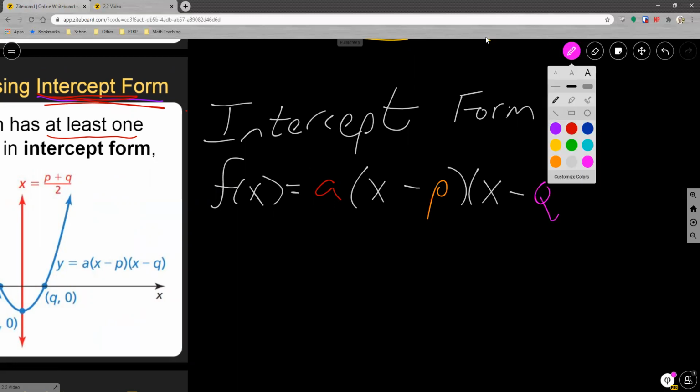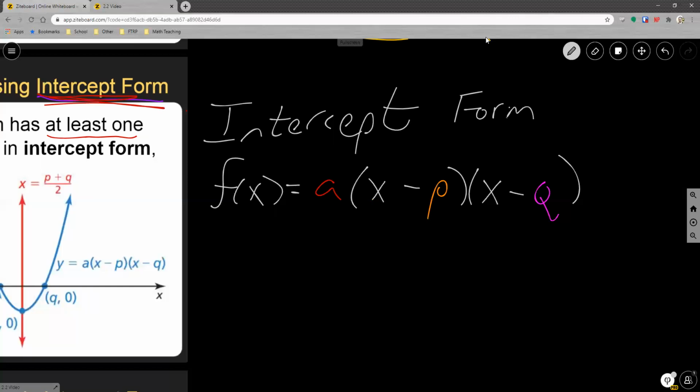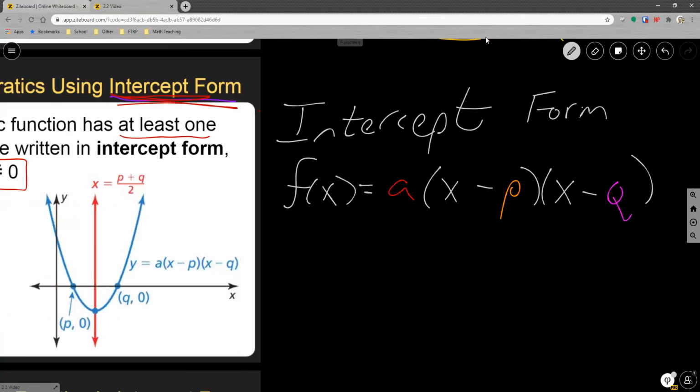So in other words, whatever my p and q values are, the sign is going to be reversed from what we have in the equation. And these values correspond directly to intercepts, x-intercepts specifically. So that gives me the x-coordinate of my two x-intercepts, if I have two of them.